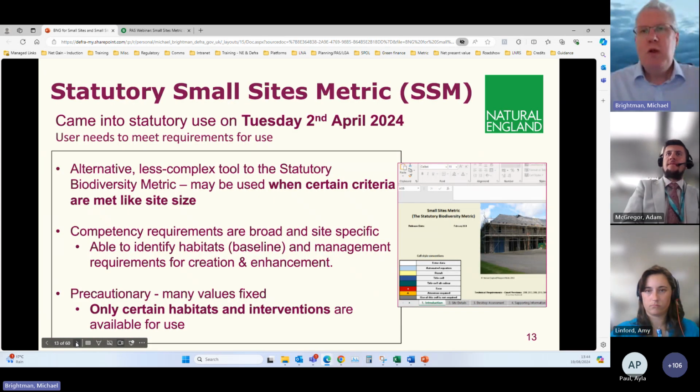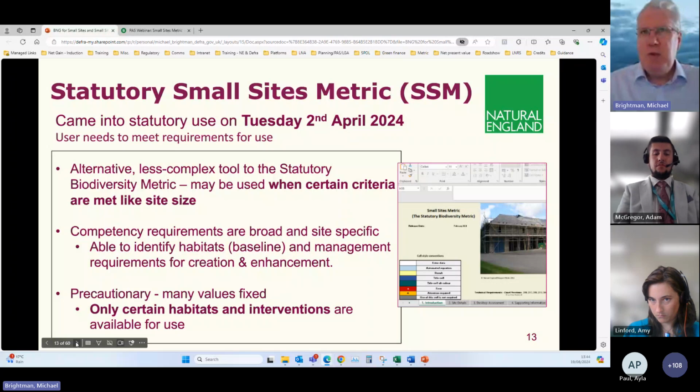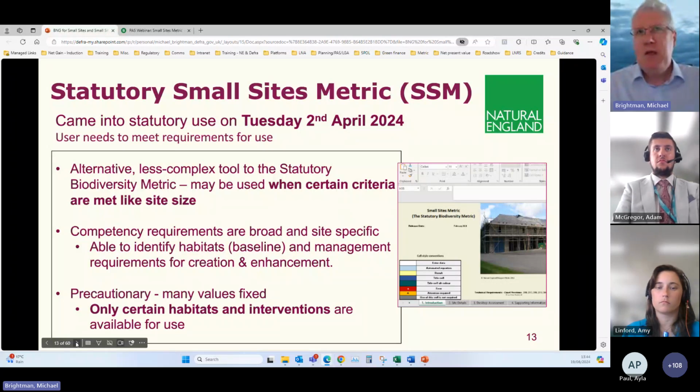So let's start to look in a bit more detail at the statutory small sites metric, which came into statutory use on the 2nd of April of this year. It's an alternative, less complex tool to the statutory biodiversity metric and can be used when certain criteria are met, such as size. The competency requirements for use of the small sites metric are broad and site specific.